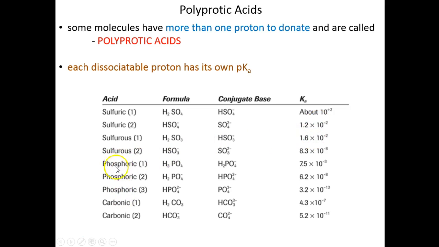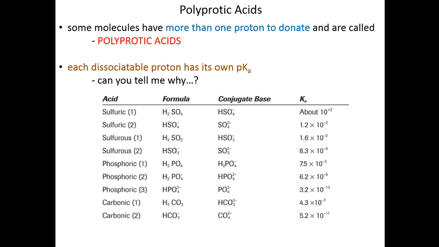We can see the same for phosphoric acid. That first proton comes off at a pretty reasonable window, about a pH of 3. That's a strong acid. The next one comes off at a pH of 8. Okay, near neutral, pretty strong as well. You want to get that last proton off of phosphoric acid? Well, you need a pH of around 13, and that's a very basic pH. Phosphoric acid does not want to lose that third proton.